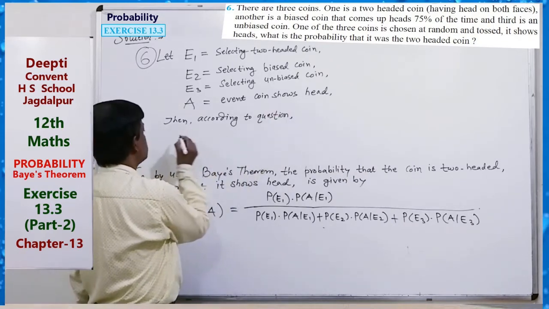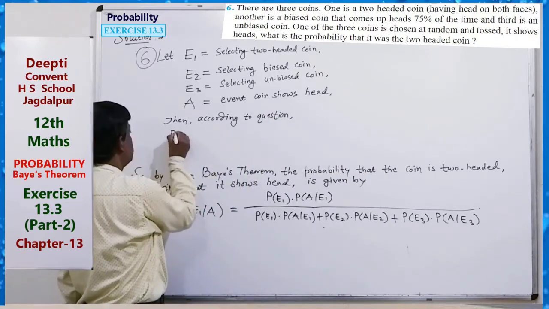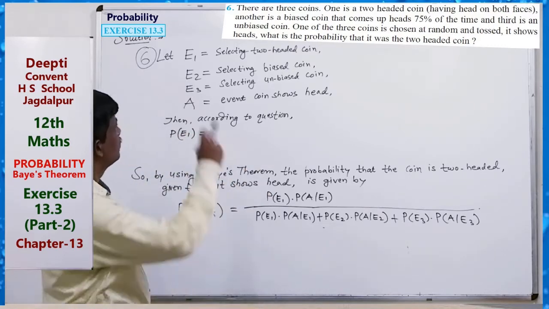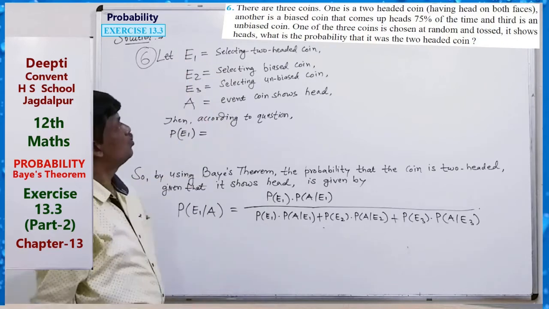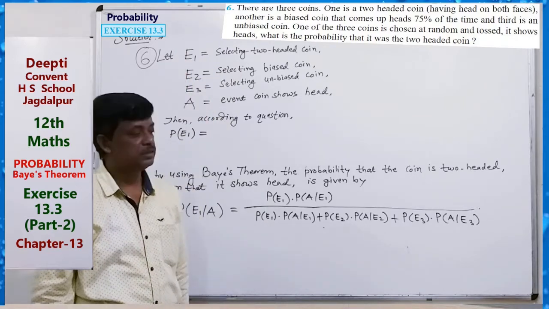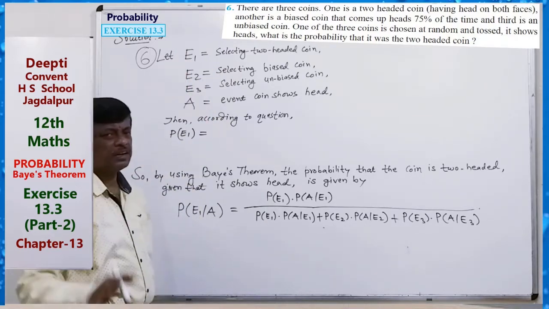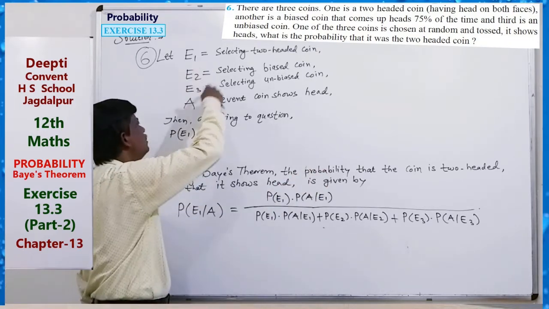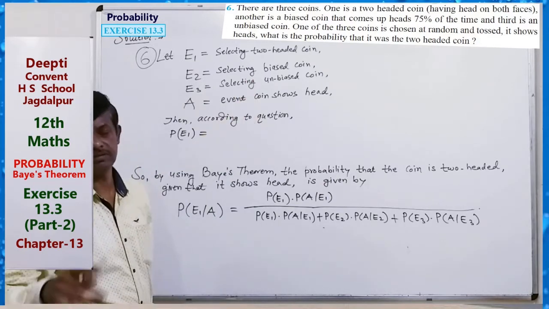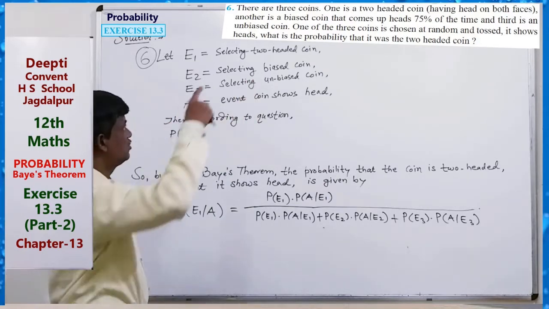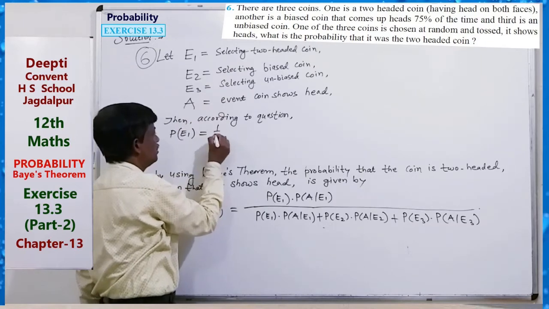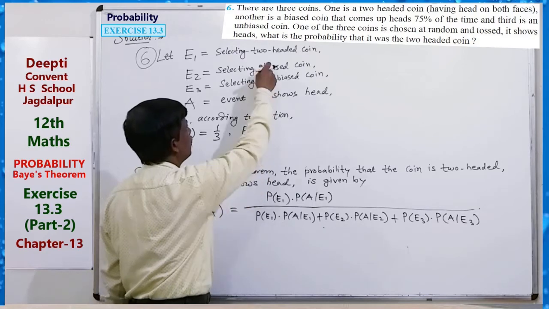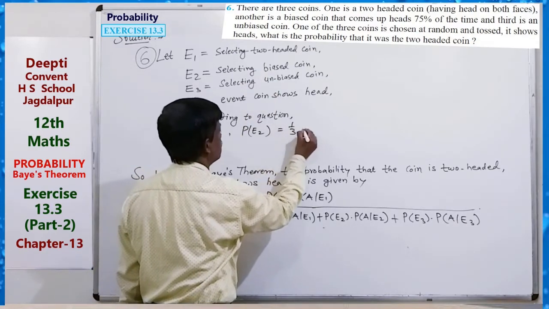So according to the question, E1 is selecting the two-headed coin. There are three coins, selecting any of the coins, E1, E2, E3, is 1 by 3. Selecting the two-headed coin, 1 by 3. Selecting the biased coin, 1 by 3.